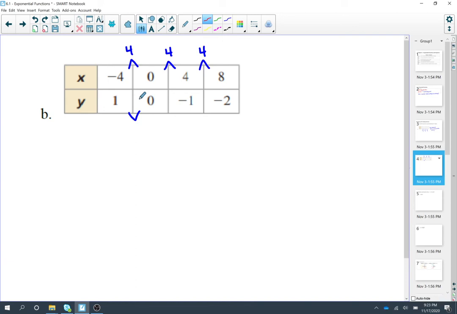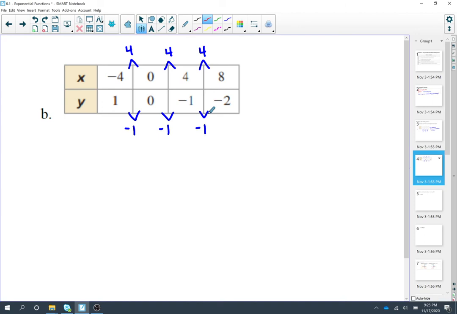Well, if I want to get from 0 back to -1, I don't think multiplying by 0 is going to work, because that's just going to get me a whole bunch of zeros. So 1 to get to 0, you would have to subtract 1. 0 to get to -1, you would have to subtract 1. -1 to get to -2, you would have to subtract 1.